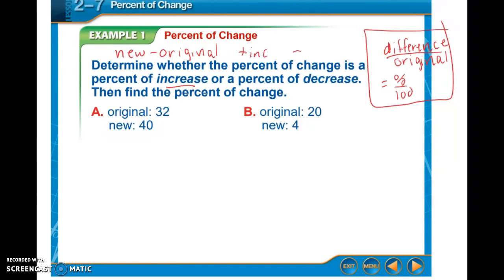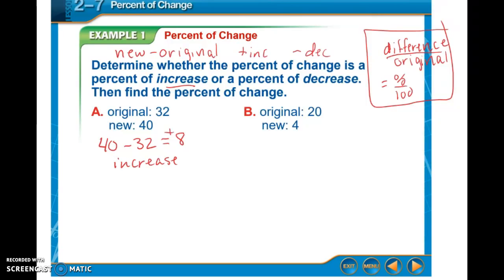If it's negative, that's a decrease. So for this one, the original is 32, the new is 40. So using that order, the new is 40, the original is 32. That will equal 8. That's positive, so that's an increase.